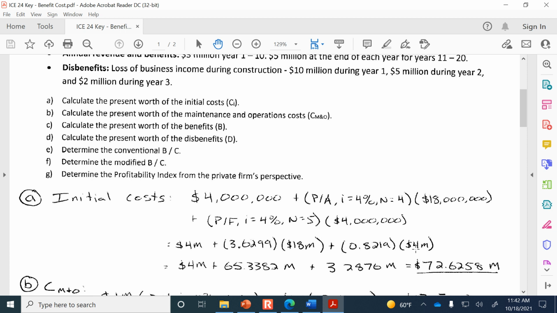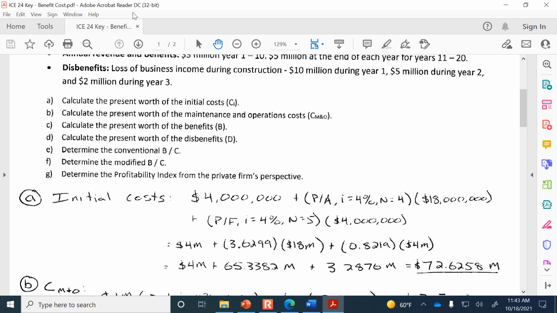So the $4 million that's in year 5, if we discount it to time 0, then that's 3.2876 million. I don't think the decimal came through very clearly when I scanned it. So altogether, the present value of the initial construction aspect of this project is $72.62 million.